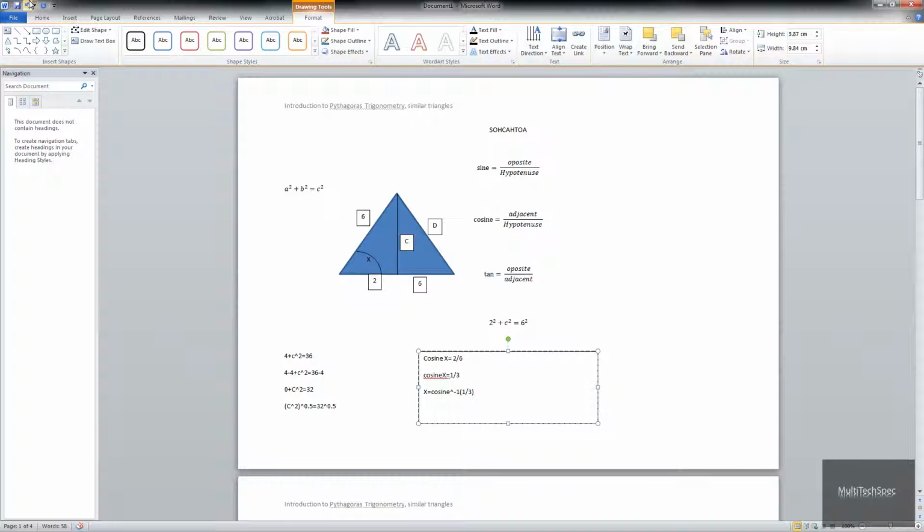Okay? So that is to say you are doing the opposite operation. Okay, so you have that. So then x in this case would be equal to an angle.